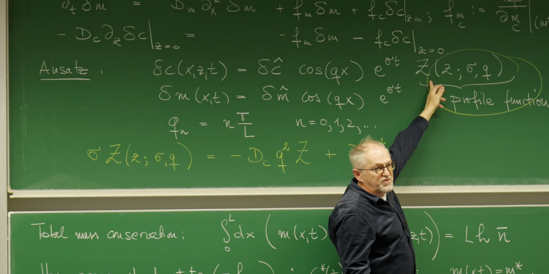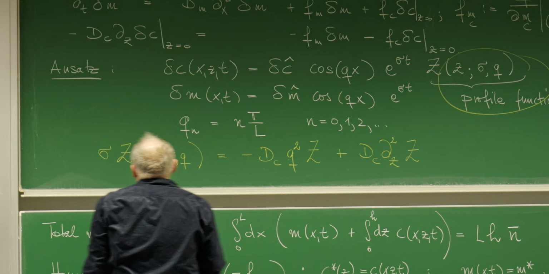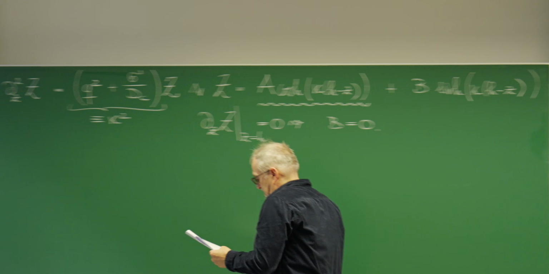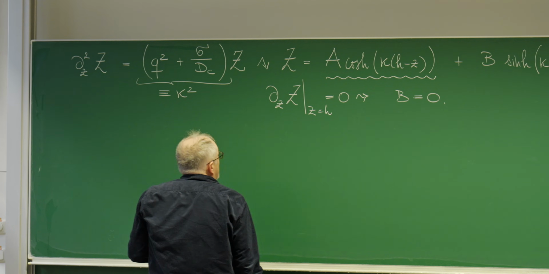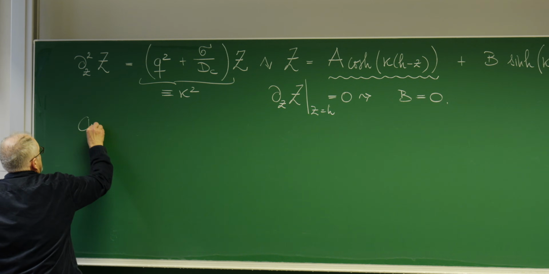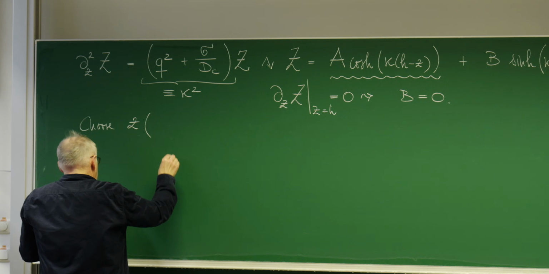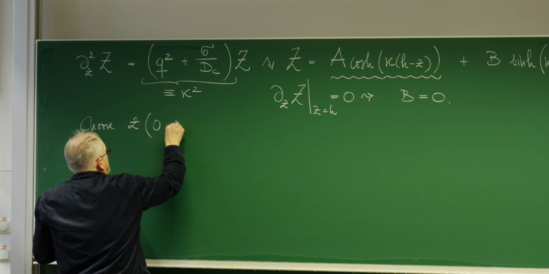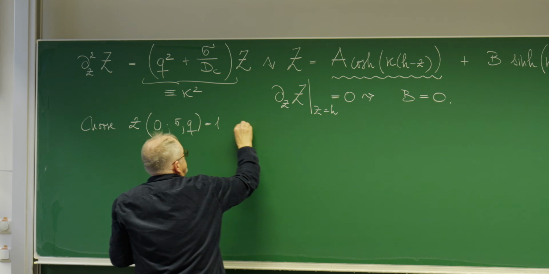I wanted to choose that the amplitude of this is equal to 1, and that fixes the constant a. So we choose Z at the membrane, so at 0, to be 1.